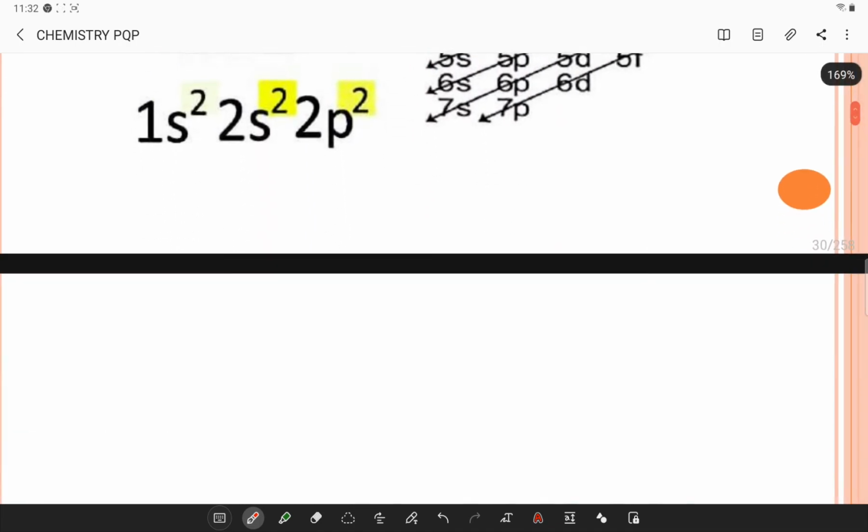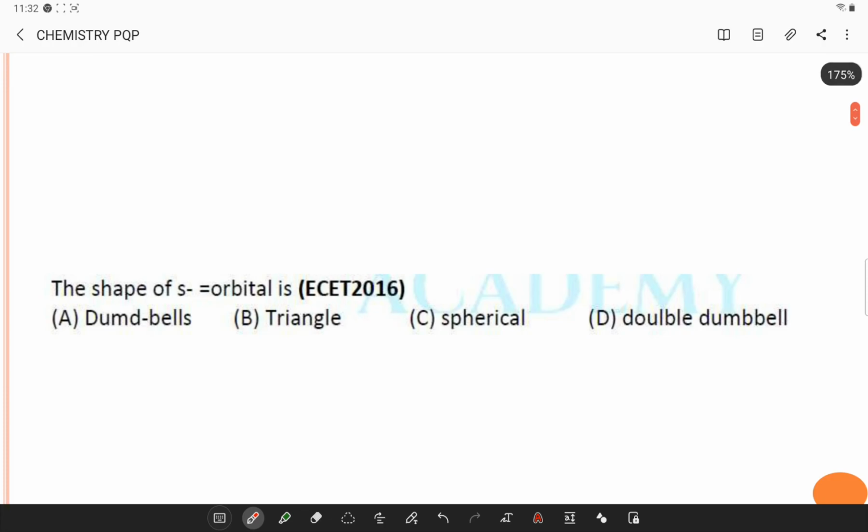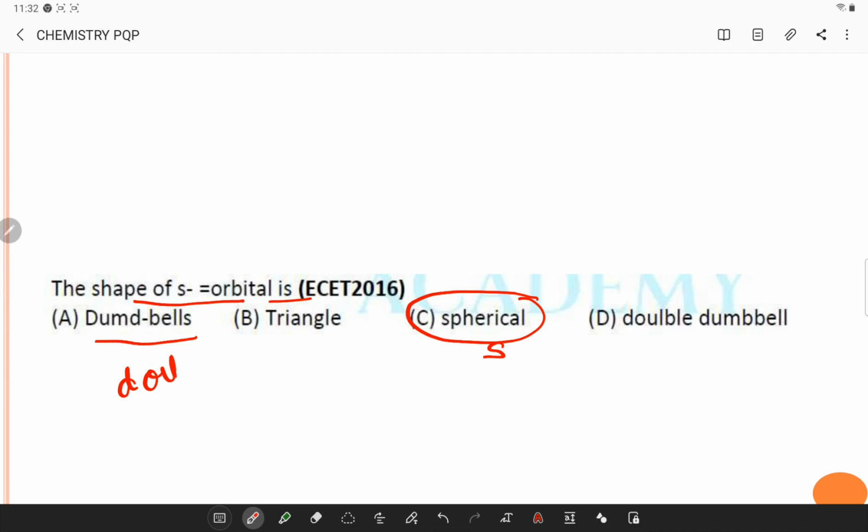So the next question, the shape of s orbital is, so the shape of s orbital is basically spherical, and whereas the shape of d orbitals is dumbbells. Okay, and p orbitals will be double dumbbells.